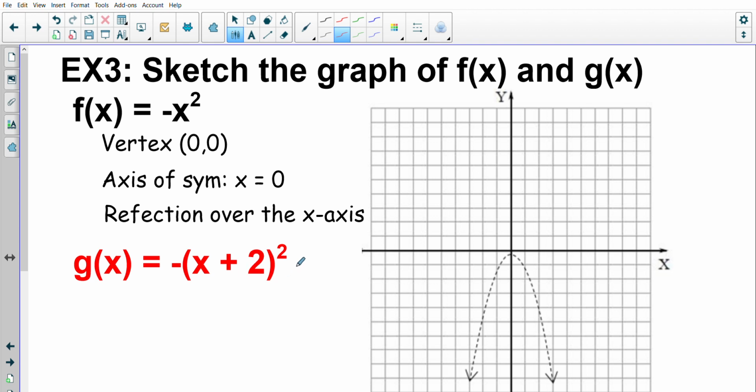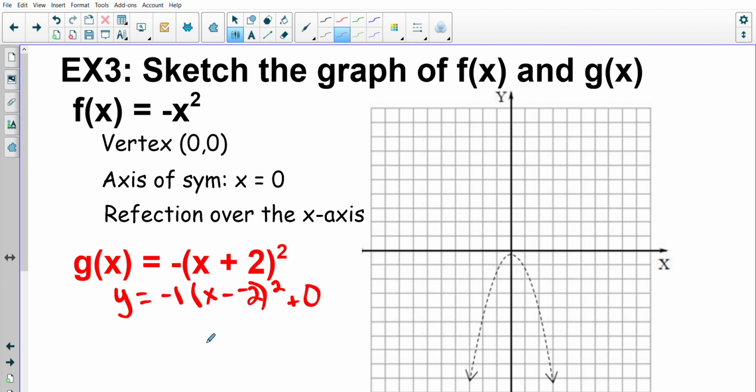And I still have a plus 0 out here. So if I put it in the y equals a times (x minus h) squared plus k form, I have negative 1 for my a value. I have negative 2 for my h value, and I have 0 for my k value. Notice I wrote that as minus a negative. Remember, two minuses make a plus. Why did I do that?